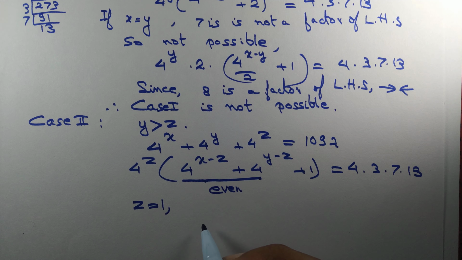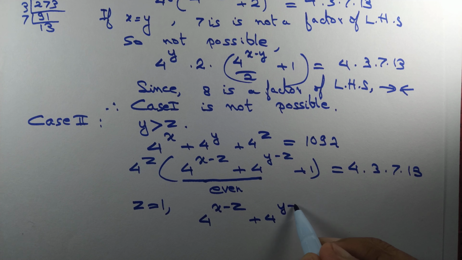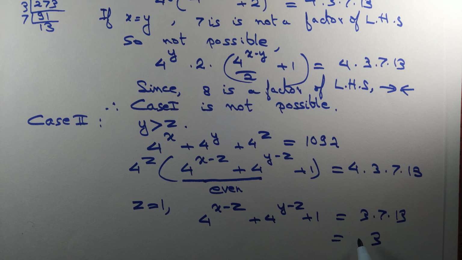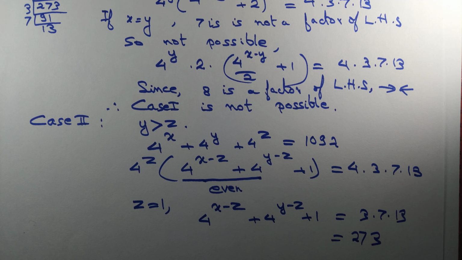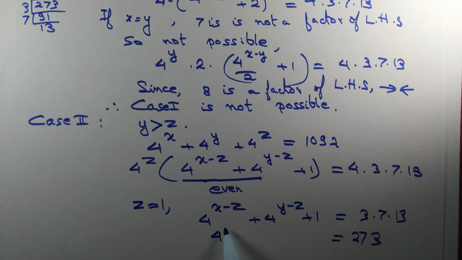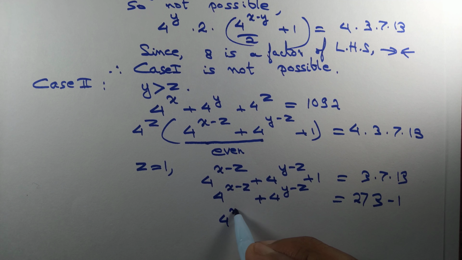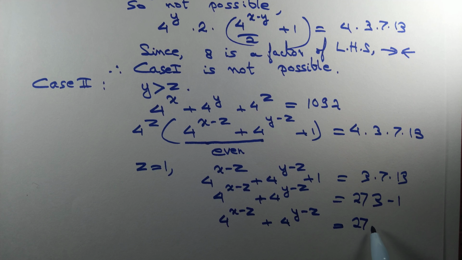If z equals 1, then we have 4^(x-z) + 4^(y-z) + 1 equal to 3 times 7 times 13. 3 times 7 is 21 and 21 times 13 is 273. So 4^(x-z) + 4^(y-z) equals 273 minus 1, so it equals 272.